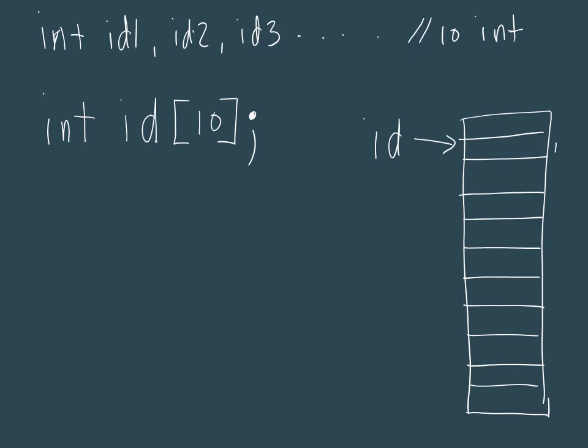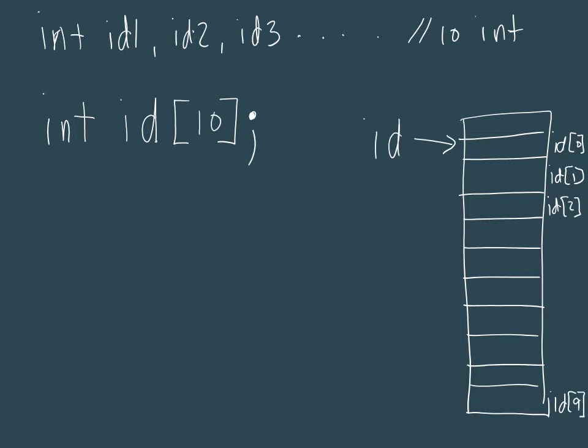This is going to be ID at index 0, and this will be ID at index 1, and this will be ID at index 2. And if you can't read what I'm writing, those are just square brackets. And this would go all the way up, 3, 4, 5, 6, 7, 8, 9, to ID at index 9.